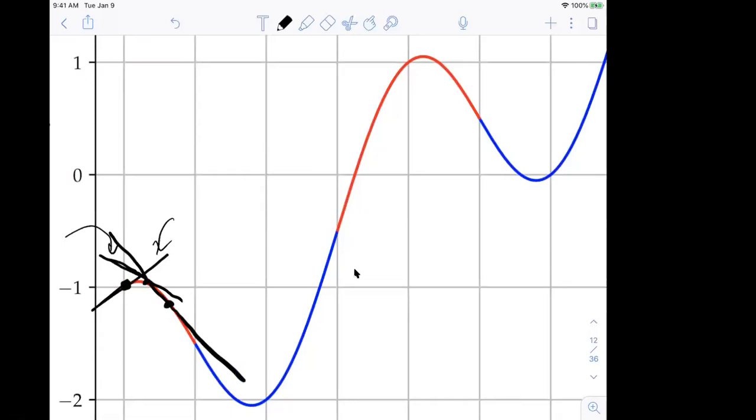its tangent line has a slope that's even more negative than that tangent line, right? So this is what concavity is trying to get at: the slope of the tangent line is decreasing when you're on a concave down interval, and it's increasing at those points where the function is concave up.